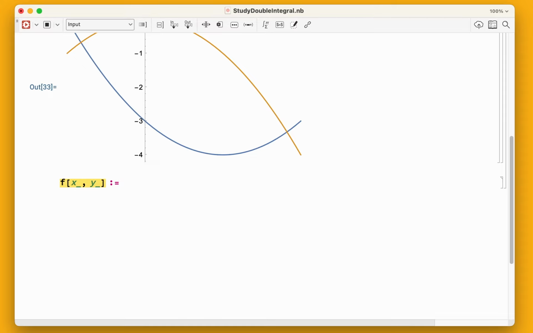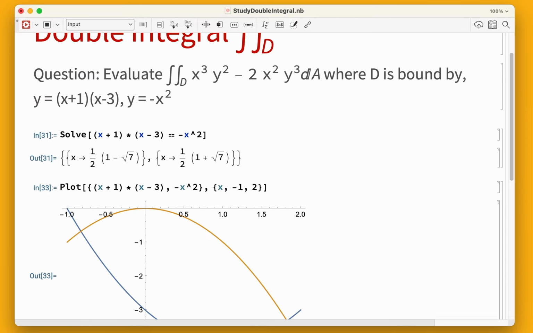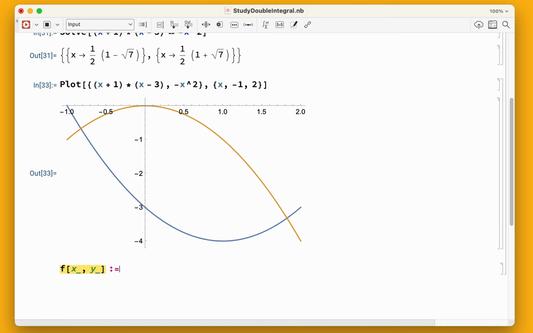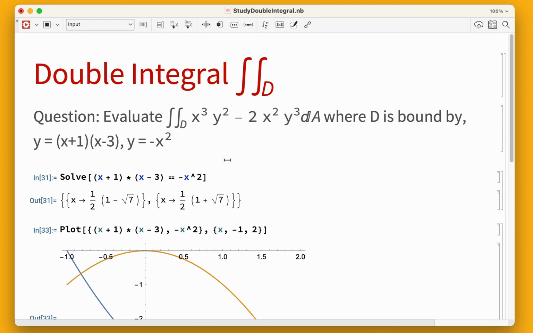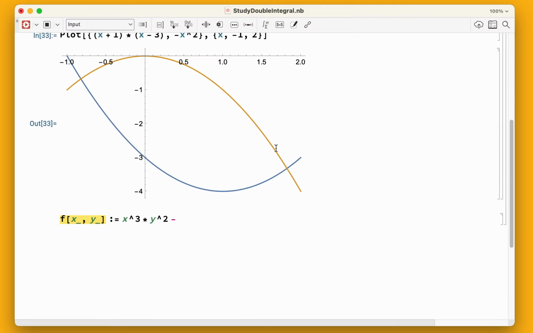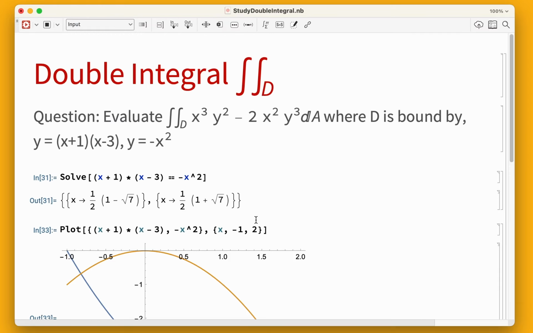So now the function is x cube multiplied by y square minus 2x square y cube. I think this is correct.